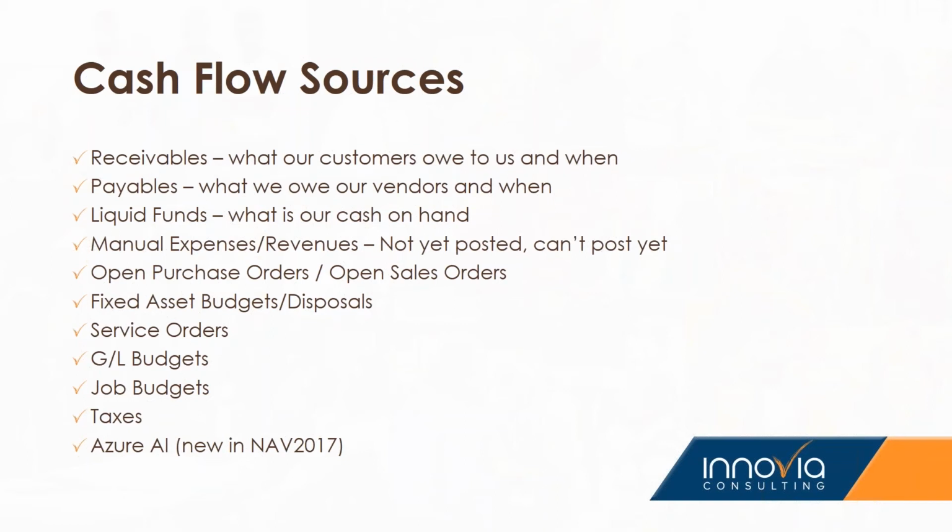It can accommodate taxing. And then another option that is available beginning in NAV 2017 is Azure AI. So provided there is enough history available, the AI may be able to do some projections for you as well.